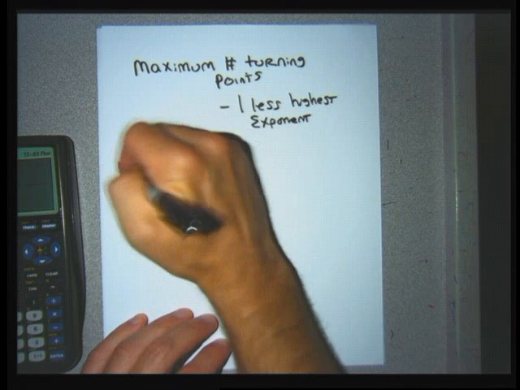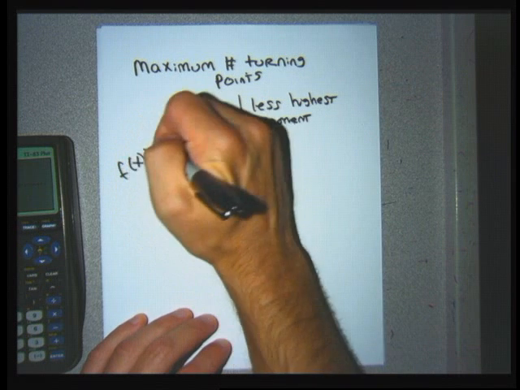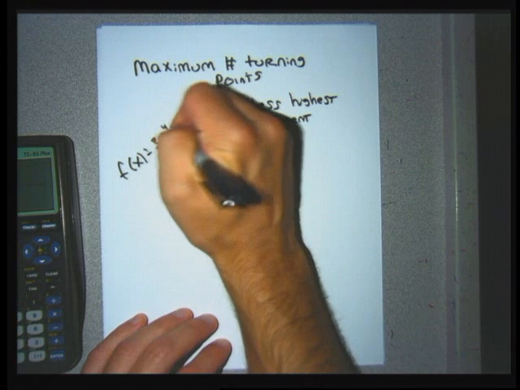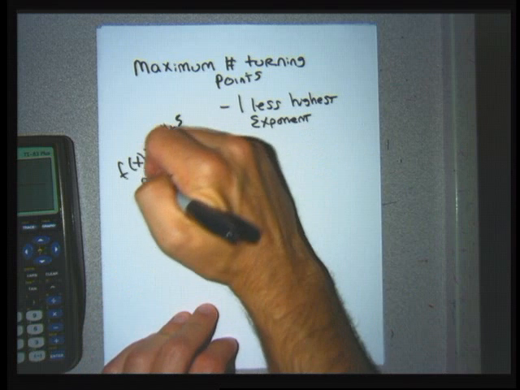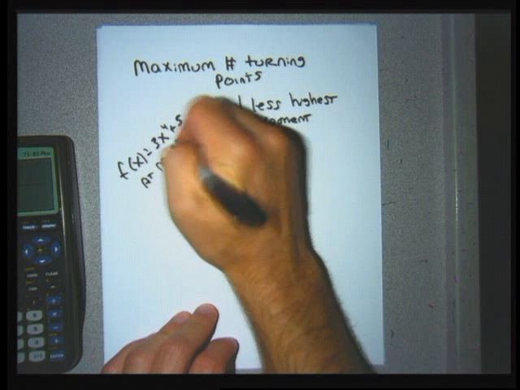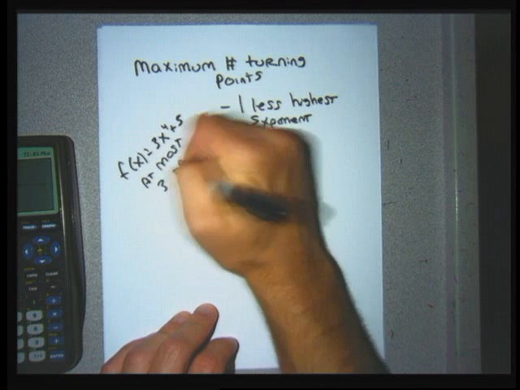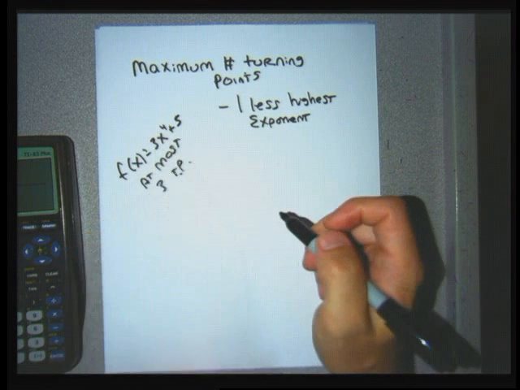So something like f of x equals 3x to the fourth plus 5 can have at most 3 turning points, because that's 1 less than the highest exponent that I see.